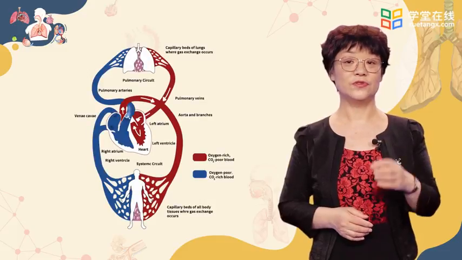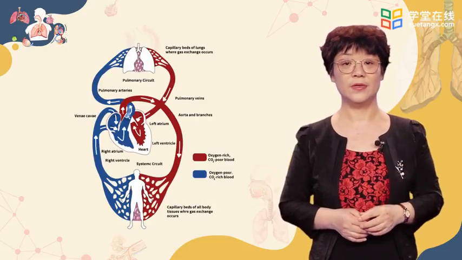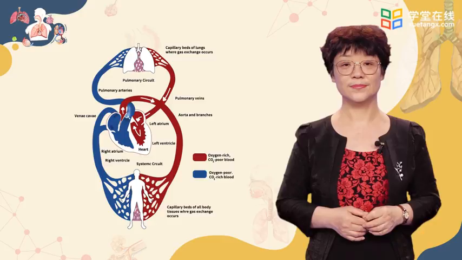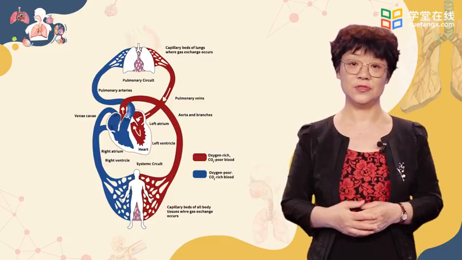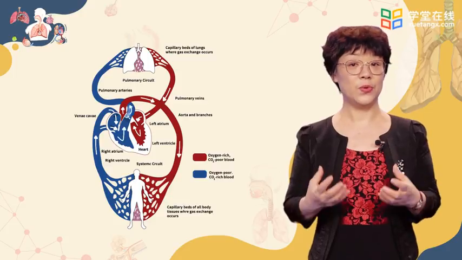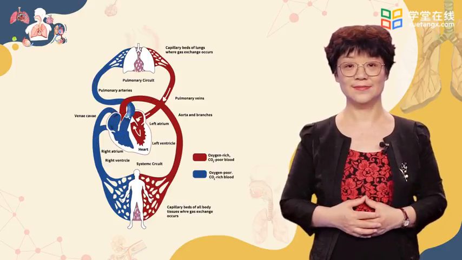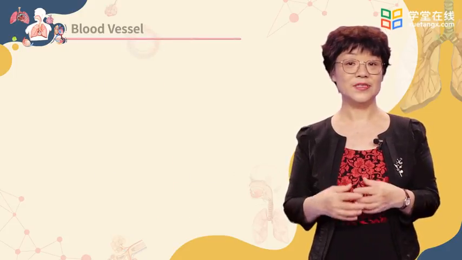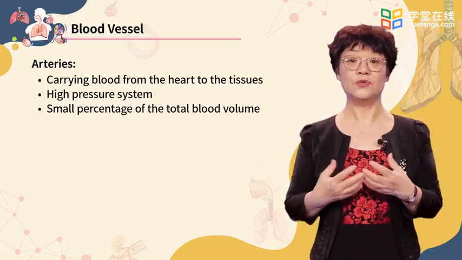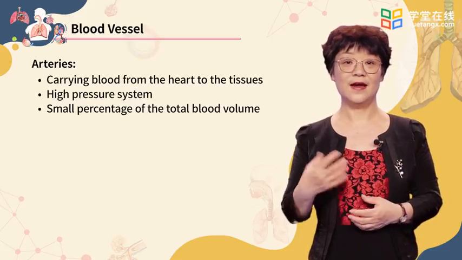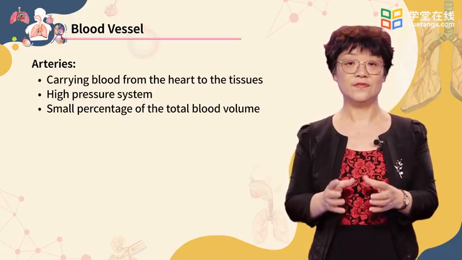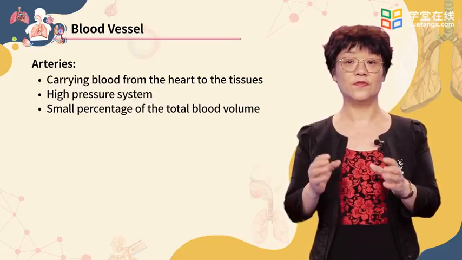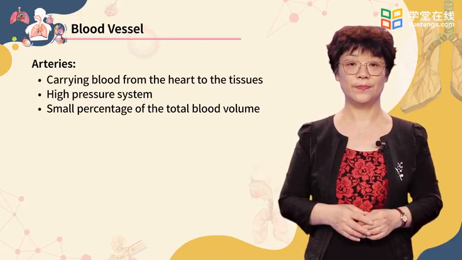The blood vessels form a closed system of passive conduits. They deliver blood to and from the tissues where nutrients and waste are exchanged. Arteries carry blood from the heart to the tissues. They are under high pressure and constitute a relatively small percentage of the total blood volume.